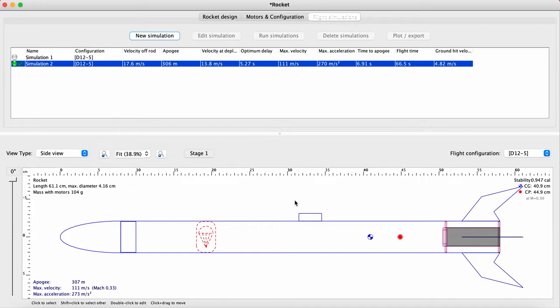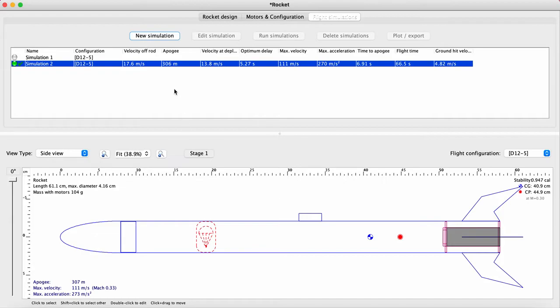You want to see what will make this the most stable, a solid flight that goes the highest. But that also doesn't mean you need to make a short, tiny little rocket just to get a lot of height. Using this length, what will maximize the height? Also make sure your center of pressure is still behind your center of gravity. It is here, so that's still going to be a stable flight.